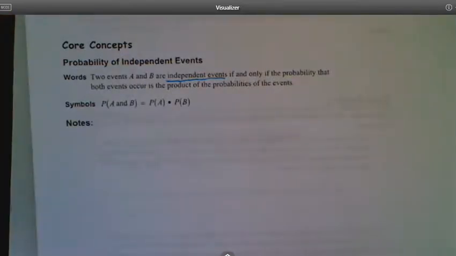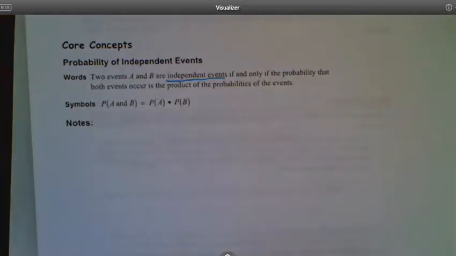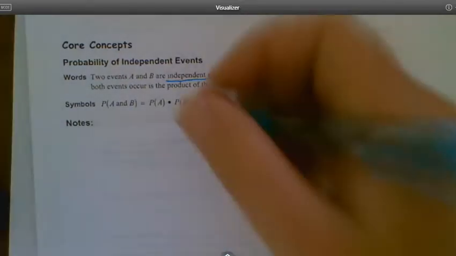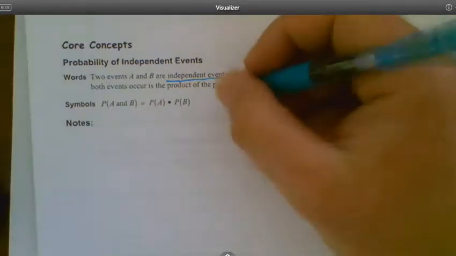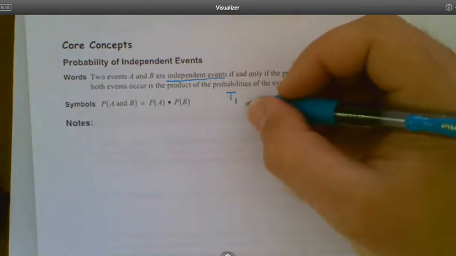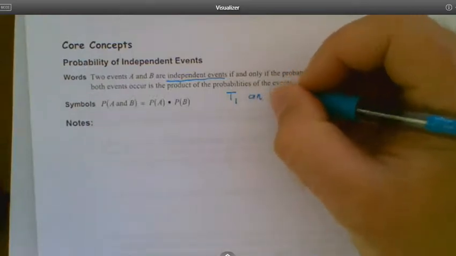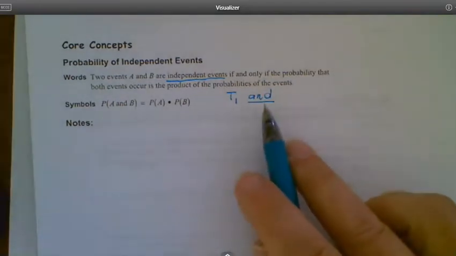So if I'm going to flip 2 coins, of course if I flip a coin and then flip another coin, the second coin has nothing to do with what I got on the first coin, right? And so let's just say I wanted to ask, what's the probability of getting tails on the first coin? And that's a key word right there. In probability, the word "and" always tells you to multiply.